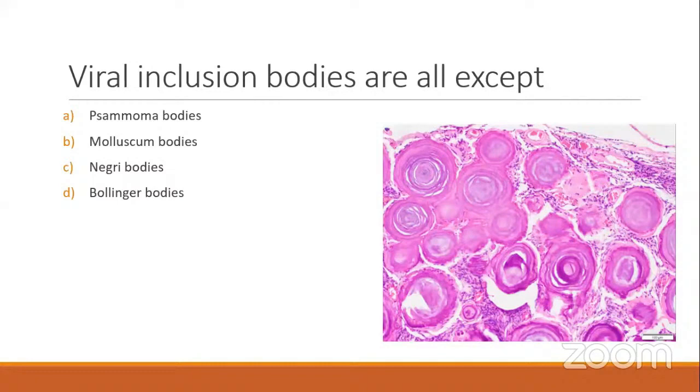So it is something different from inclusion bodies. Inclusion bodies are different types of collections intracellularly. They can be intracytoplasmic or intranuclear. We have different classifications, about which I will be dealing with molluscum contagiosum bodies, Negri bodies, and Bollinger bodies also.